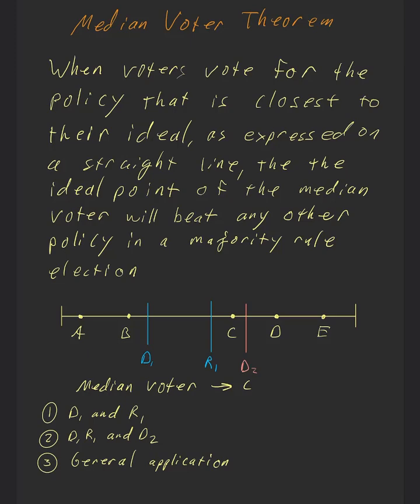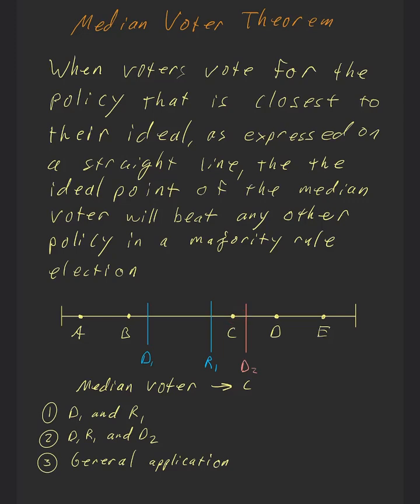So in a situation where we just have the candidates listed in blue, the Democrat and the Republican, say, which one will get the majority election? Well, whoever it is that is closest to a voter will get their vote. So we see that B is closest to D, A is closest to D, E is closest to R, and D is closest to R. But the important thing is that C is closest to R.